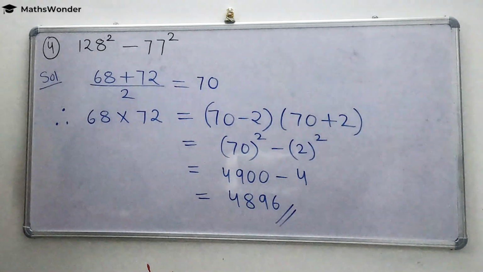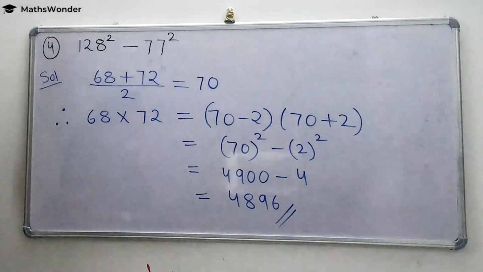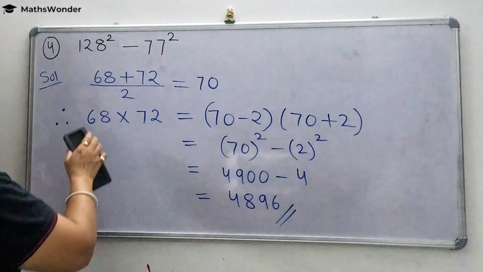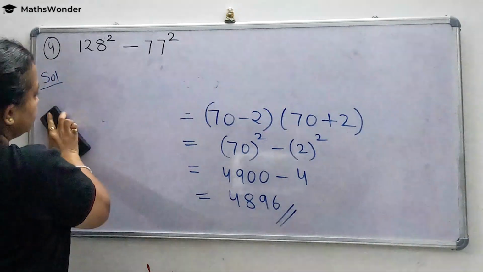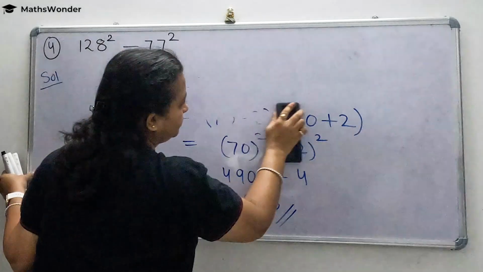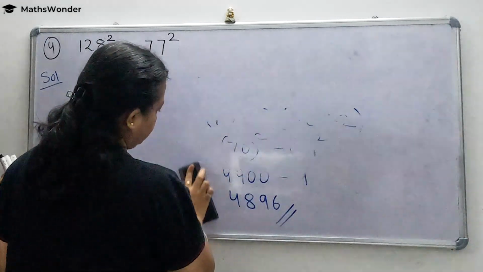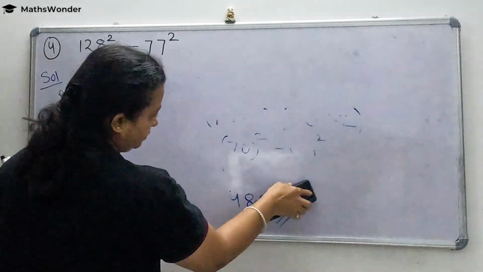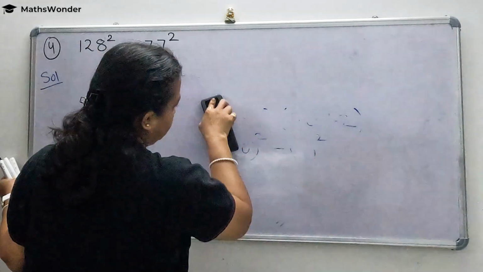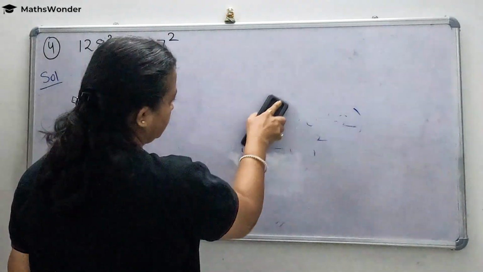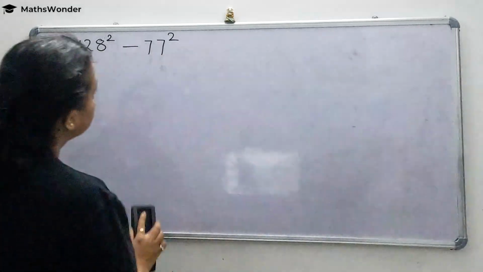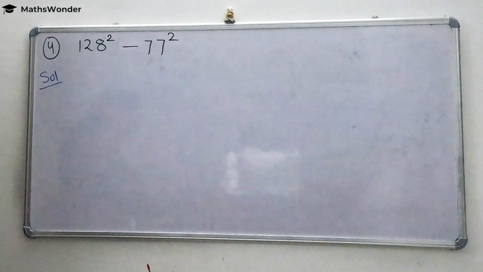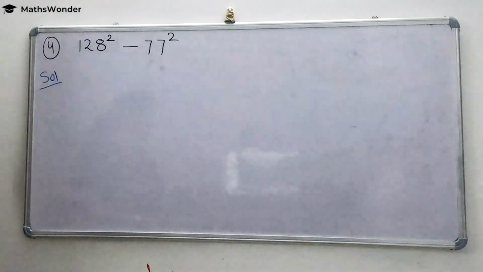In the fourth question, how will you do it? Which identity can you apply here? See the question: 128 square minus 77 square. Which identity will you apply here?